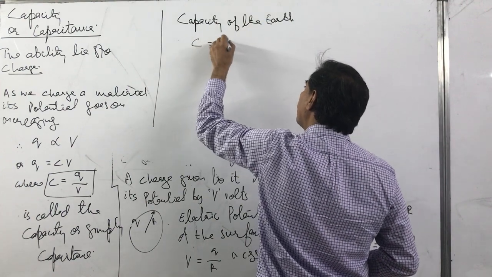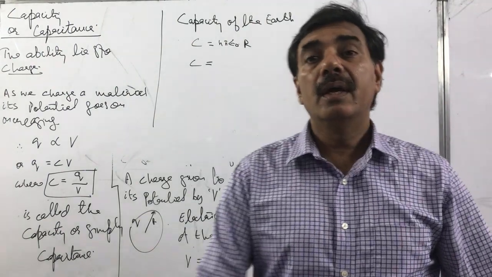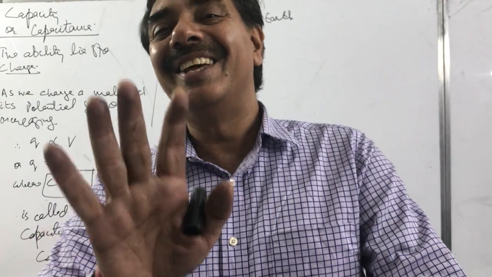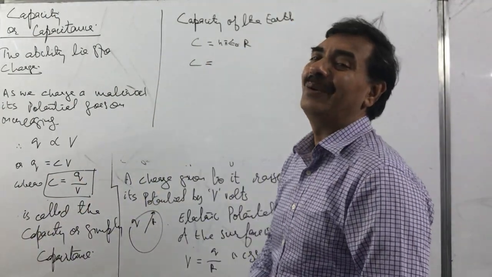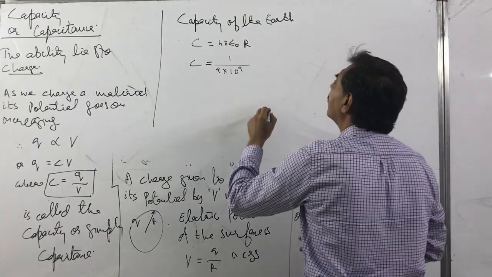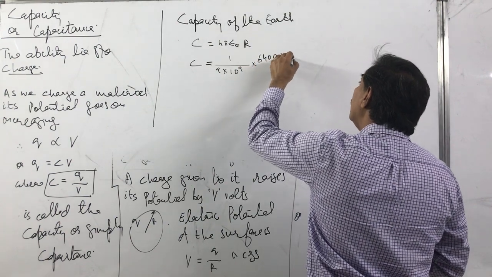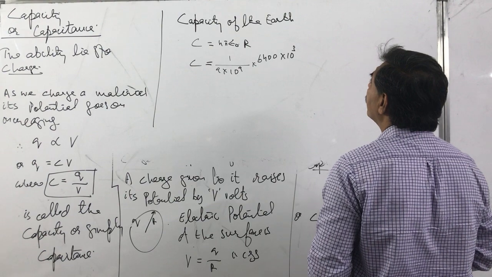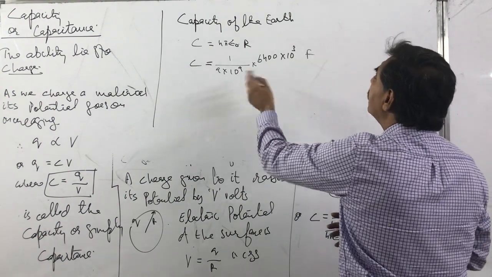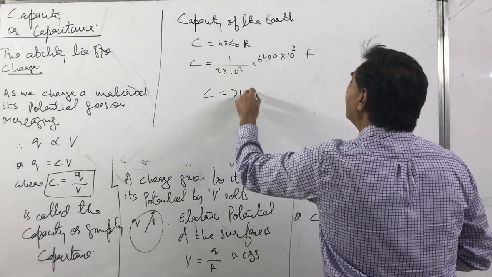C is equal to 4 pi epsilon naught into R. 4 pi epsilon naught की क्या वैल्यू होती है? 9 into 10 raised to power 9 नहीं होती. 1 over 4 pi epsilon naught is 9 into 10 to the power 9. Therefore, this is going to be 1 over 9 into 10 to the power 9 into 6,400 kilometers into 10 raised to the power 3. Yeah, this comes out to be 711 microfarad.